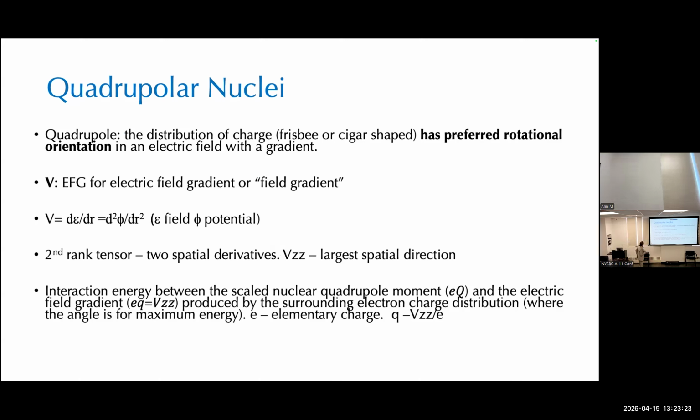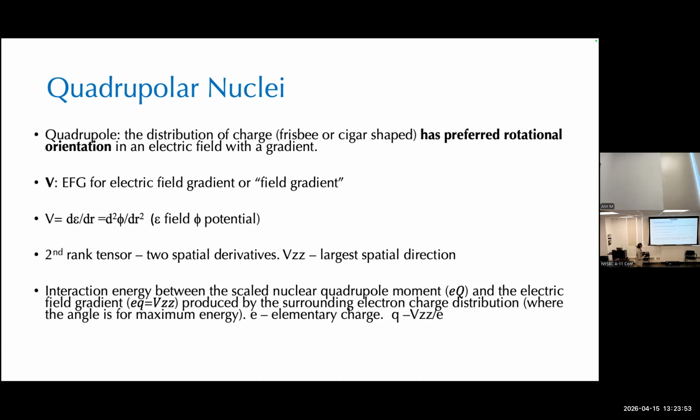So the other piece to the Hamiltonian, besides Q, the quadrupole moment, is V, the electric field gradient at the nucleus, or sometimes we just call it field gradient. Now, V is a second derivative of the potential or a first derivative of the field. It's a second rank tensor because it has two spatial derivatives of the potential with respect to space.